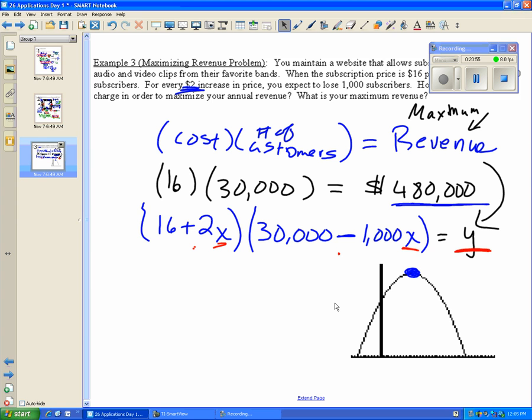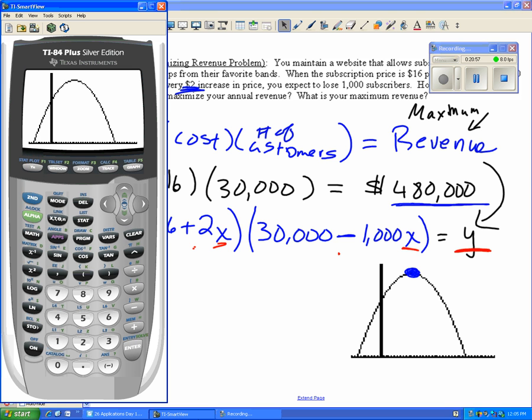Since I want to maximize my revenue, I want to find this point up here, my maximum. So I'm going to go back to the calc menu by hitting second trace. Number 4 is my maximum. You need to left arrow over to where it asks for a left bound. I want to be left of the maximum, and hit enter.